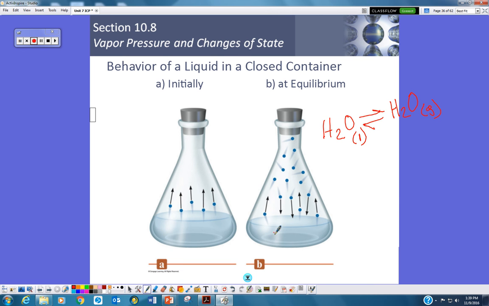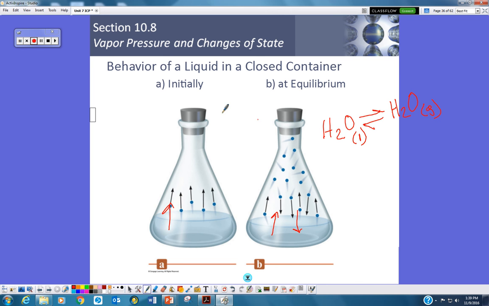In other words, we have as many molecules escaping as we have going back to a liquid. Here, the vapor pressure is greater, so here we have more molecules escaping and none of them going back in.